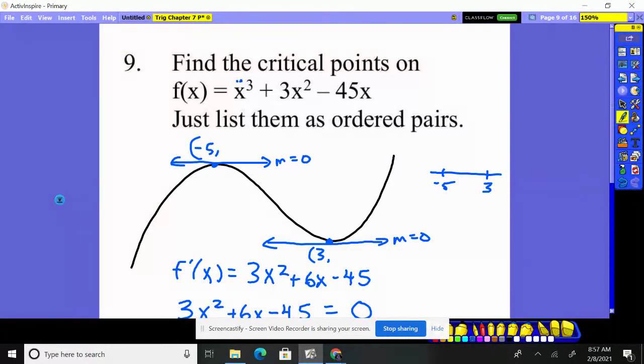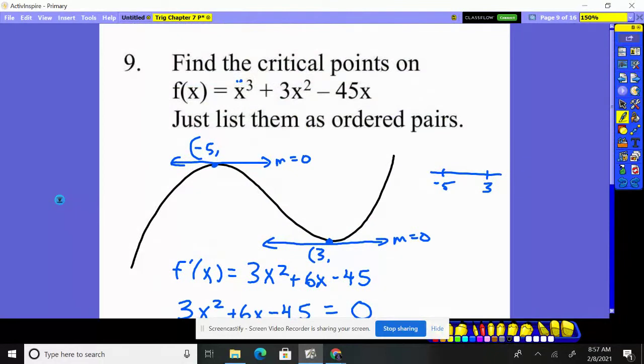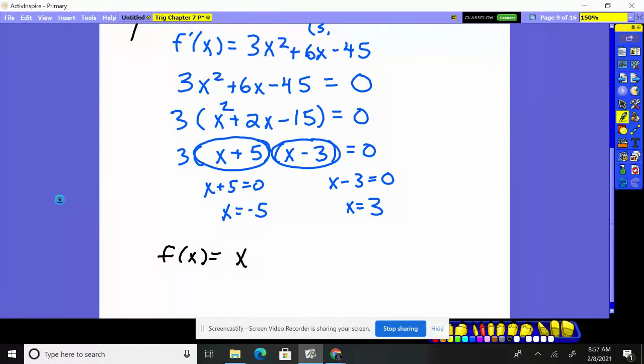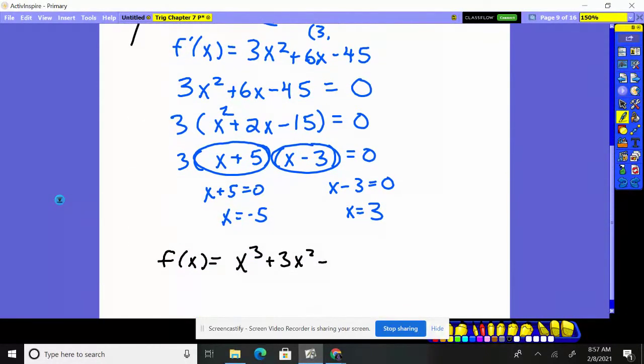So that's what we need to do. So we need to plug negative 5 in and 3 into that original equation. Let's come down here and write the original equation. The original equation was x cubed plus 3x squared minus 45x.